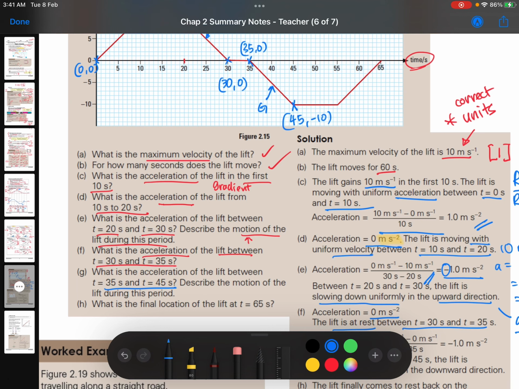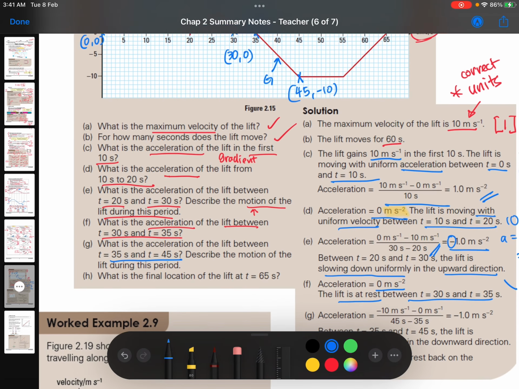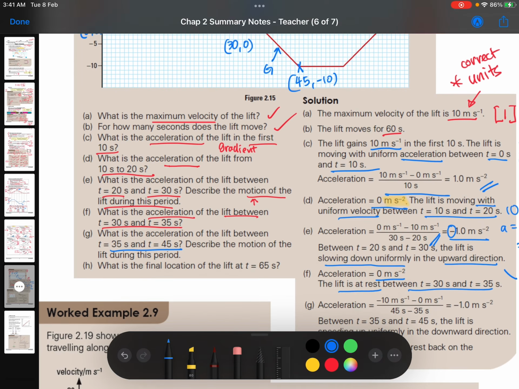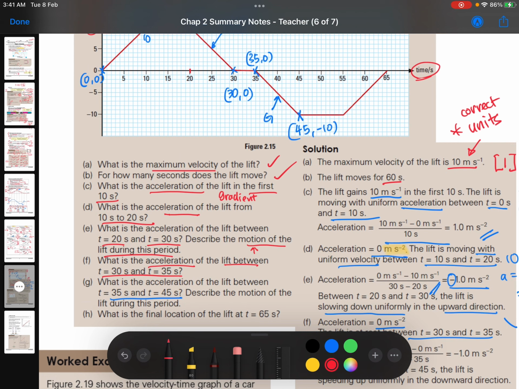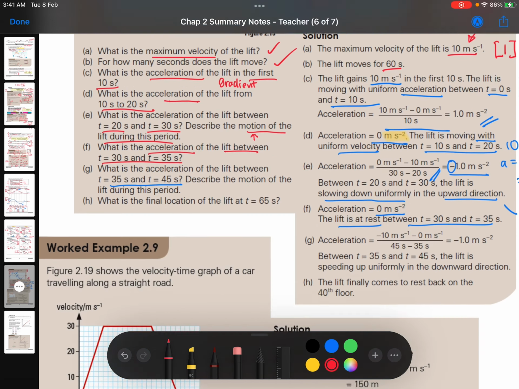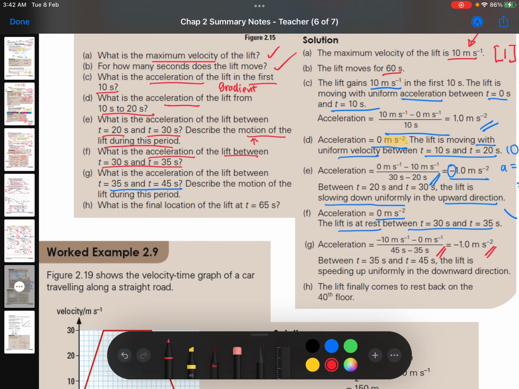In this case, it is not rise but negative rise. So what you have for G is minus 10, the second value, minus 0, the first value, divided by 45 minus 35. There we have it. So you have minus 1 meter per second squared.